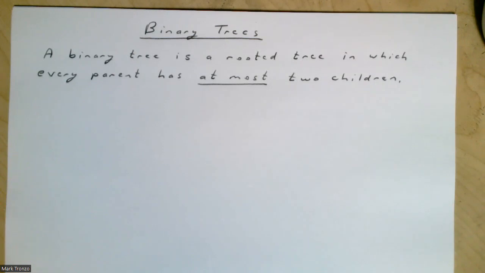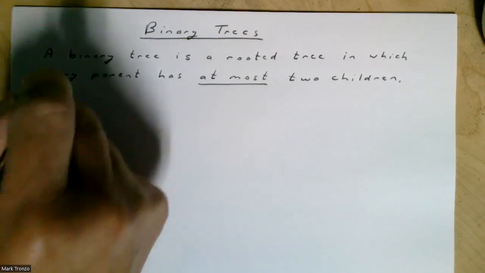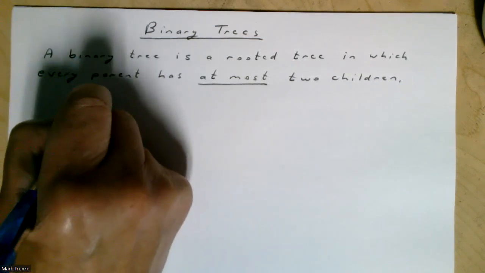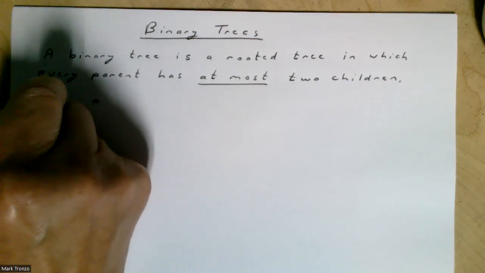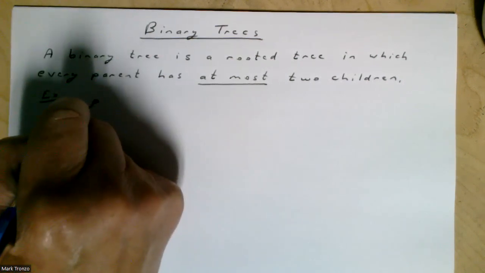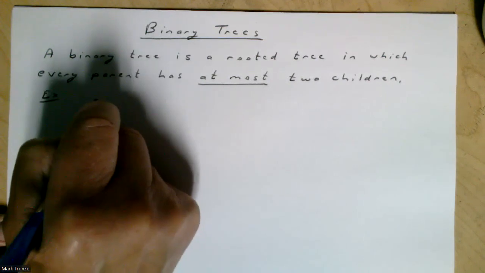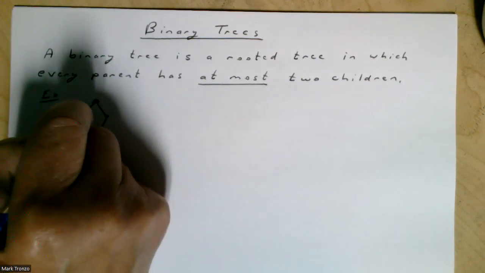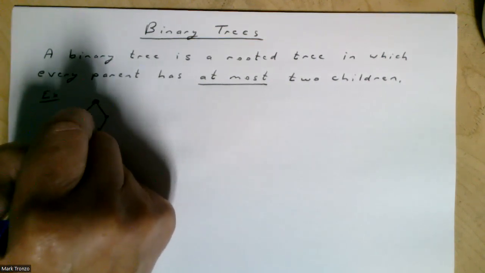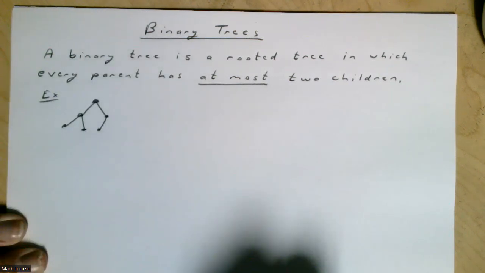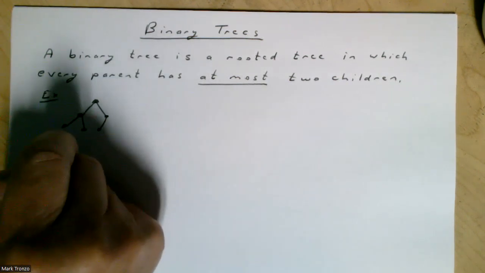Binary tree is a rooted tree in which every parent has at most 2 children. So you can say this one here. So this is a binary tree.